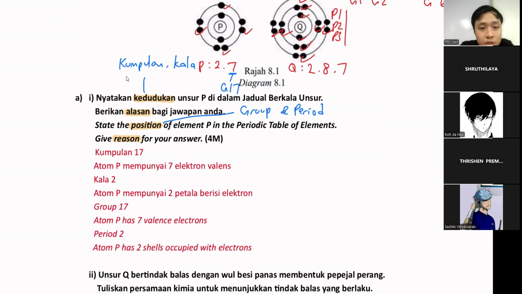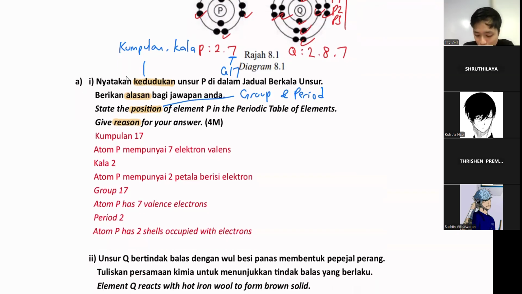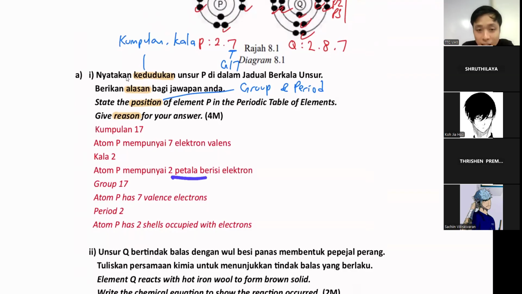Sorry, just now somebody said valence shell, but it is not valence shell, it is shell only. Valence means the outside one, the outermost shell, in Malay petala yang terluar.